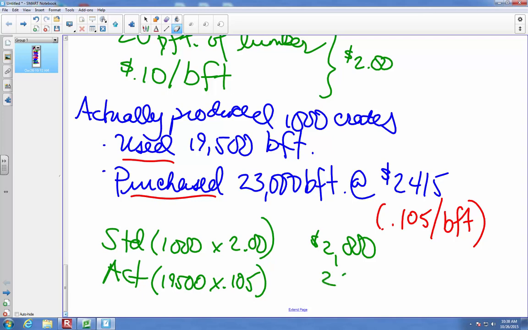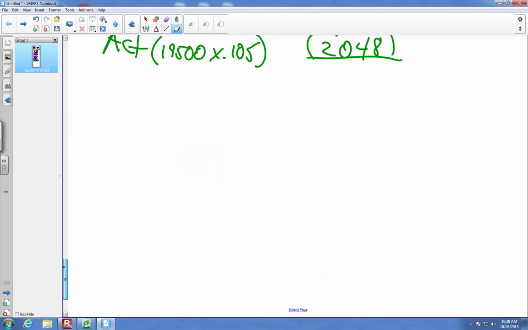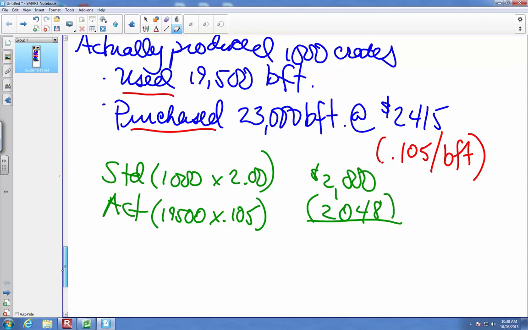At 10.5 cents I spent $2,000, let's just round it, and $48, right? Favorable or unfavorable variance? Yeah, I spent more than I should have. Unfavorable direct materials variance of 48 bucks.